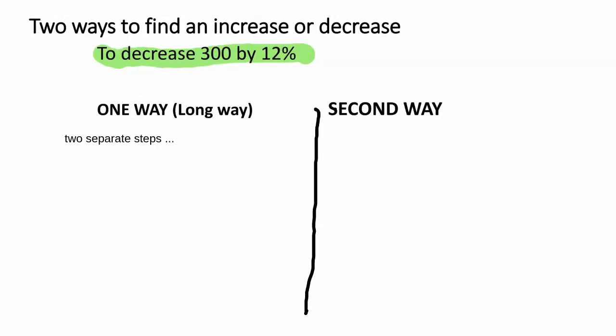Now, this is where you're still following what we did. You are taking 12% of 300, which we learned in the last slide was 36.